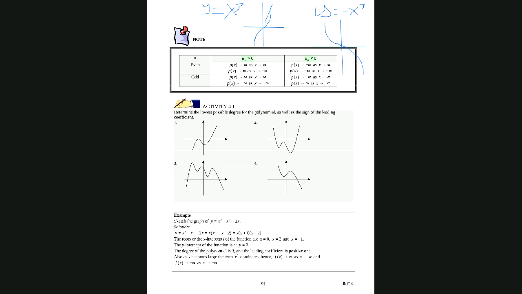Then when the coefficient of your highest order is negative, that's less than 0, as x approaches positive infinity, your y approaches negative infinity. Then as x approaches negative infinity, your y approaches positive infinity. And that is all that they have done here.